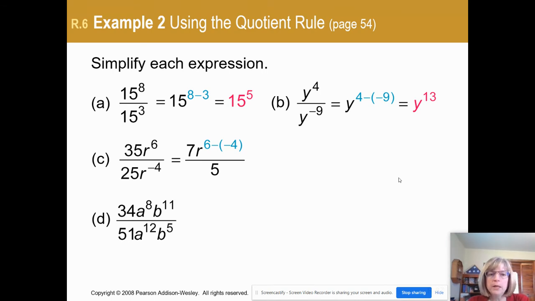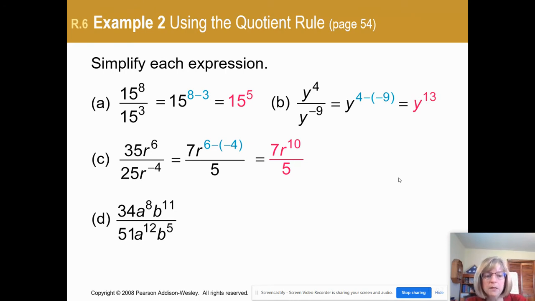And here we're taking advantage of the quotient rule that says take the top exponent and subtract the bottom exponent. Now, I could also think of r to the negative 4 in the bottom as needing to be moved to the top, in which case I would have r to the 6th times r to the positive 4th, which would also give me r to the 10th.